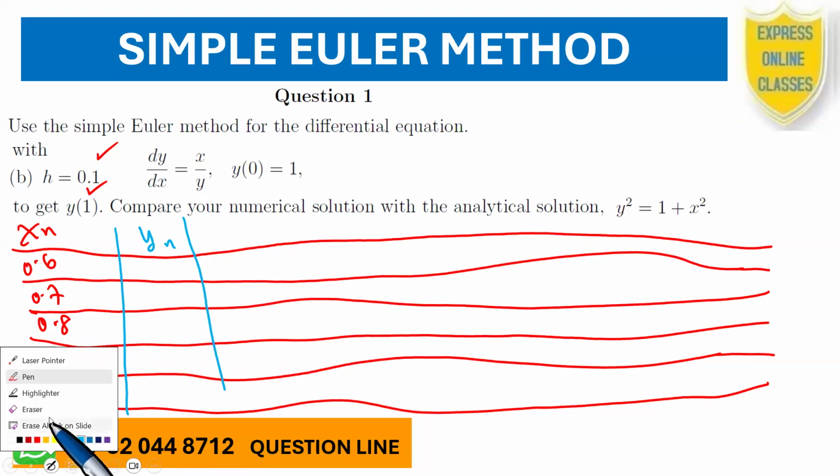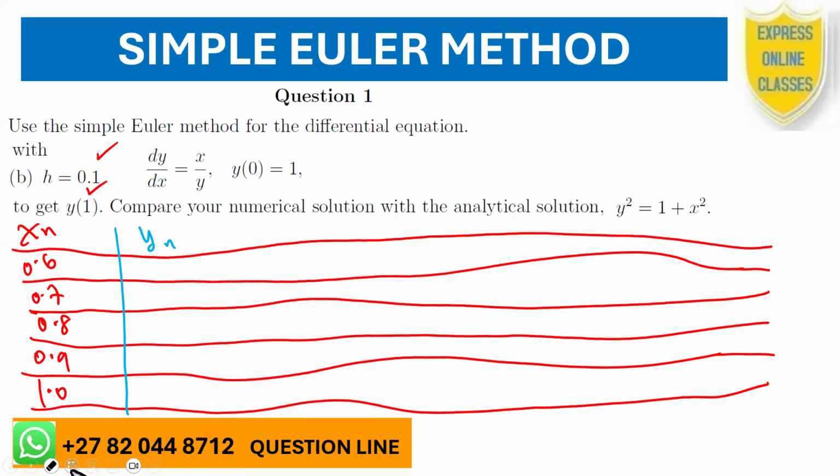Right, so with the y sub n, you would have y n prime, h y n.